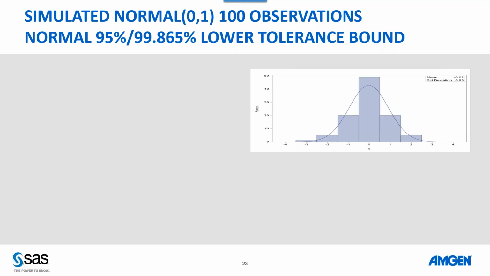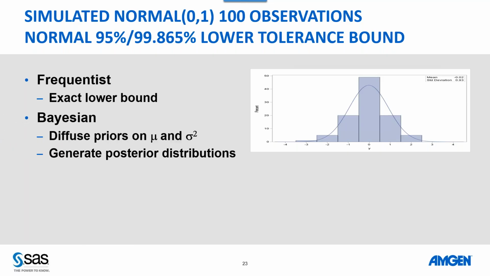We know that number, if we knew the mean and standard deviation of the distribution, is 3. But that number is not going to be exactly 3 because there's a sample size and there's noise in the data. Luckily for the frequentist, there's an exact lower bound calculation derived based on the non-central t. For the Bayesian, we're going to use diffuse priors on the mean and the variance.